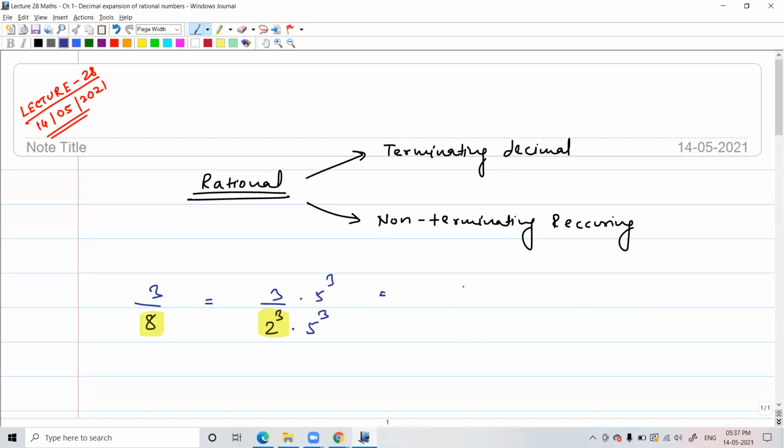How much is that? 375, is that right? And this will be 2 to the power 3 into 5 to the power 3, which means 10 to the power 3, which is 1000. So it will be 0.375.